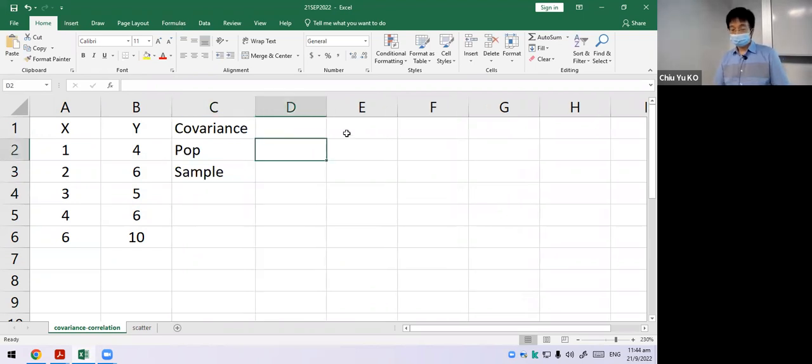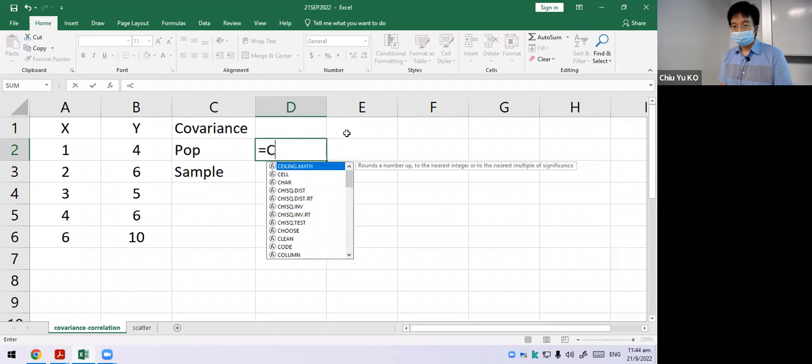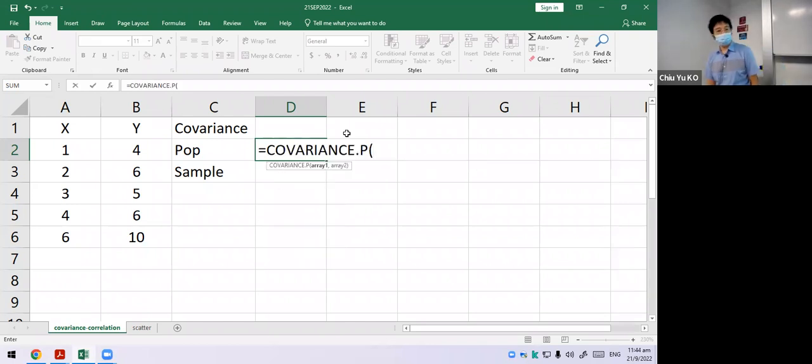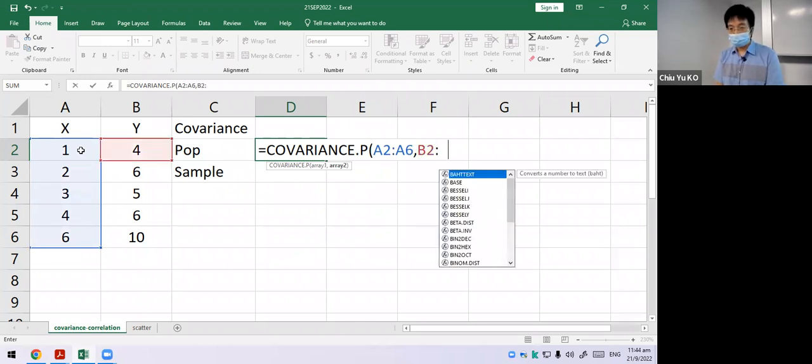And how to do that, right? The population version will be just covariance.P, okay? And then you highlight the two columns. So it will be A2 up to A6, comma, B2 up to B6.